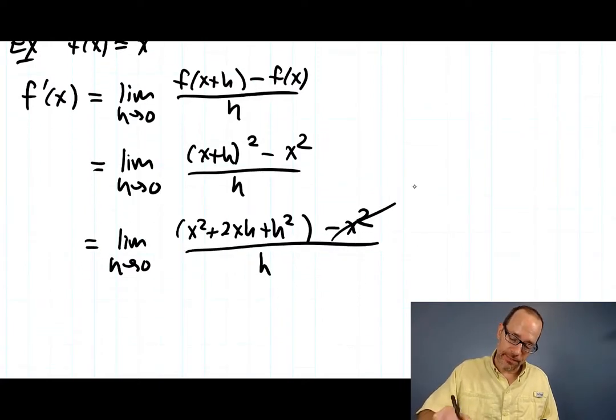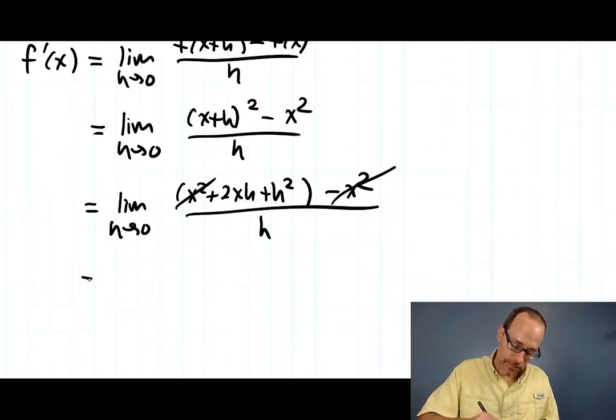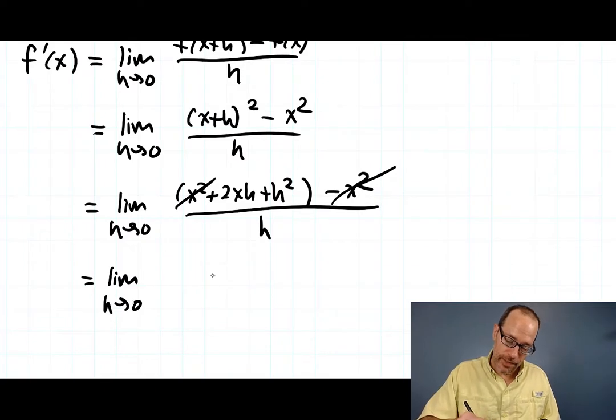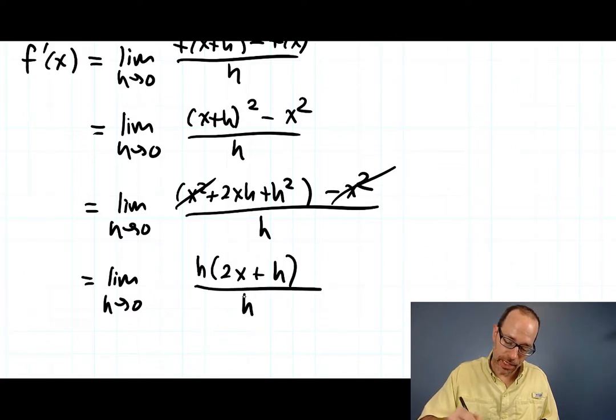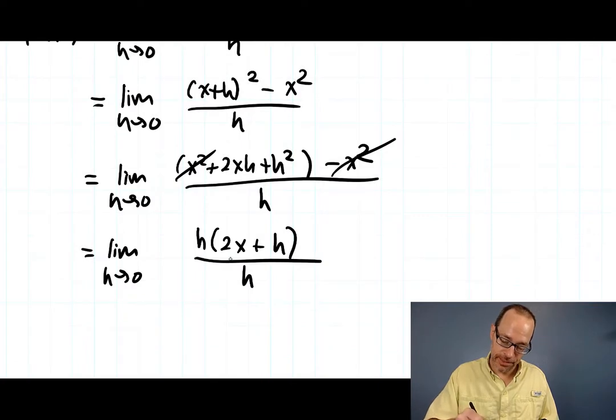We see we've got some canceling going on. So we get the limit as h goes to 0. Let's factor out an h. We'll have h times (2x plus h) all over h. So the top is indeed 2xh plus h squared. Let's cancel those h's.